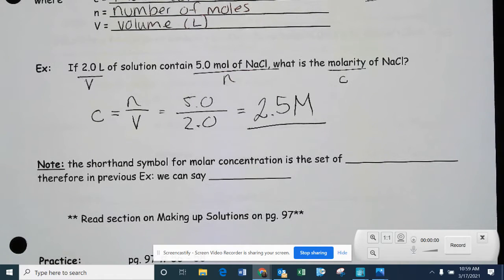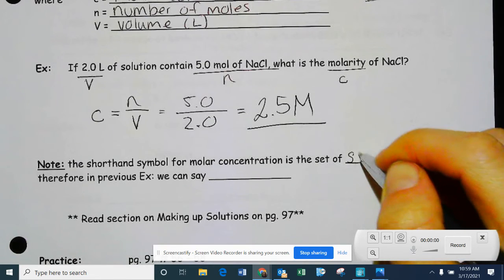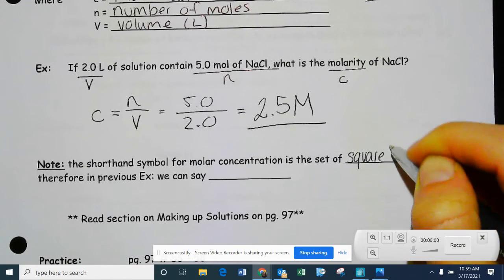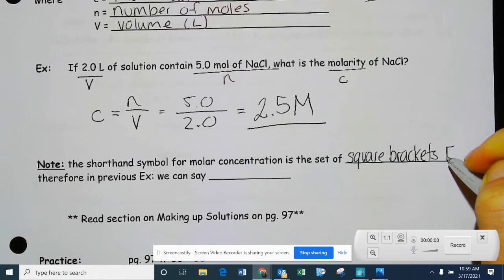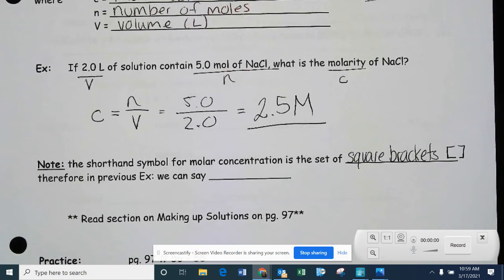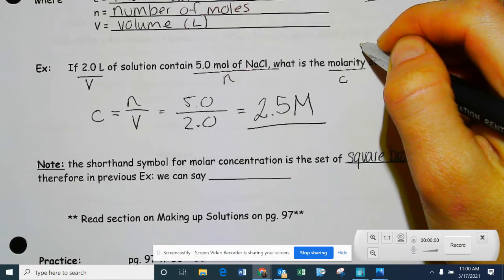Okay. So shorthand symbol for concentration is a set of square brackets. So I will often use this. This is something that I will write quite frequently because I don't like writing out the word concentration. It's too long. I'm too lazy. So I might write, instead of this, I might write this.